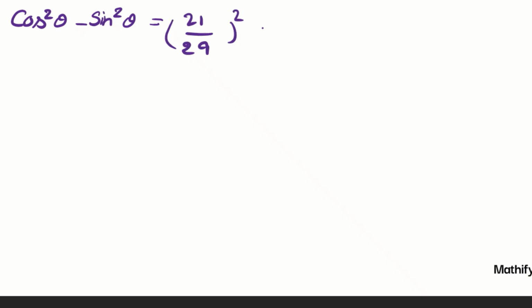And now we want to find cos squared theta minus sin squared theta. So cos squared theta is (21 over 29) square minus sin squared theta, which is (20 over 29) square.